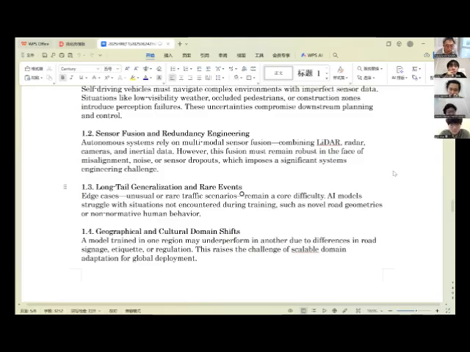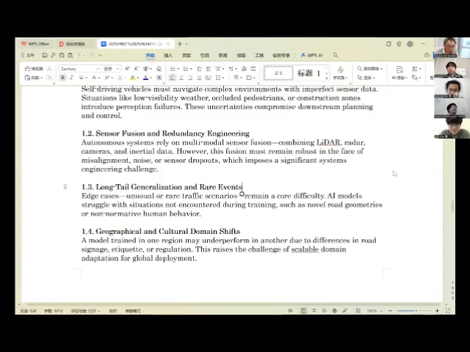And the third, geographical and cultural domain shift. A model trained on one region might underperform in another due to differences in road signs, infrastructure or regulations. This raises the challenge of scalable domain adaptation for global deployment.